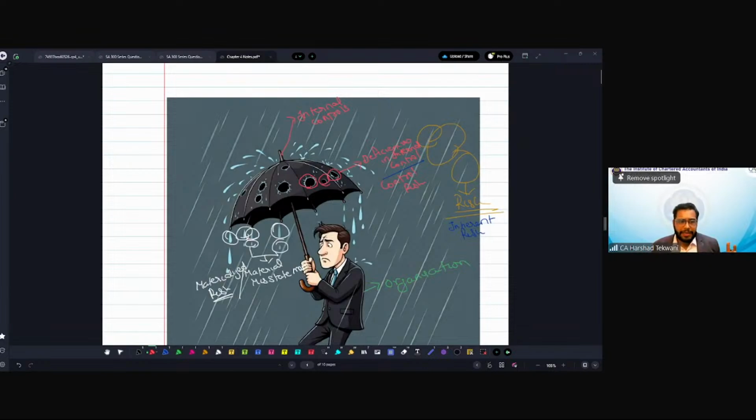Now we will discuss this particular image on a higher scale to demonstrate how things work in an organization. So I'm adding back a few more elements to this.